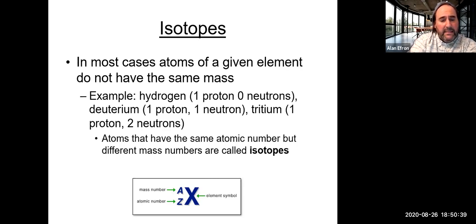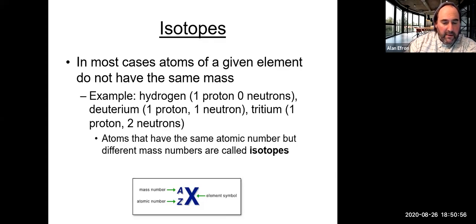Because these are all technically the same element but have different masses, the only way that could happen is if they have different numbers of neutrons. So isotopes are the same element, but they have a different mass number.